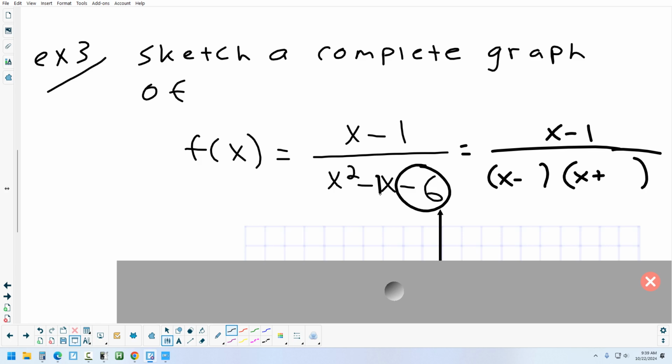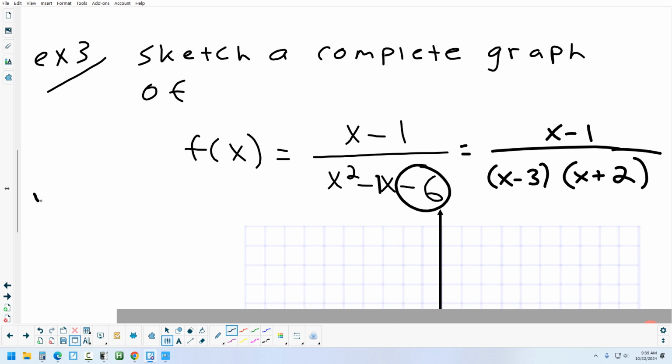We do want -3 and +2. We want the bigger number to have the negative, so we get -1 in the middle. Let's check it. X squared, that's good. 2x, what's 2x minus 3x? -x, perfect. Yep, so that is how you factor it.